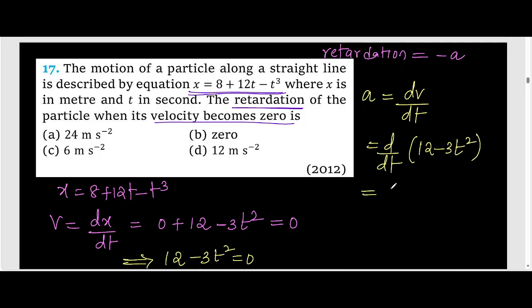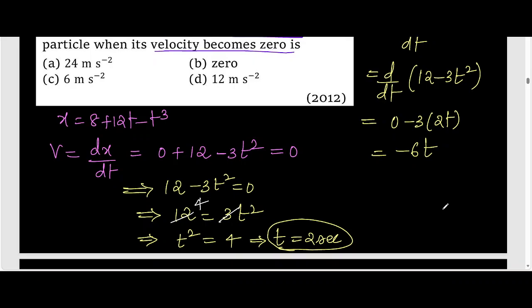So how much do we get? Constant differentiation is 0, minus 3 into t square differentiation, 2t. So it is overall minus 6 into t. What is the time value? Time was 2 seconds, right? So minus 6 into 2. So how much do you get? Minus 12 meter per second square.